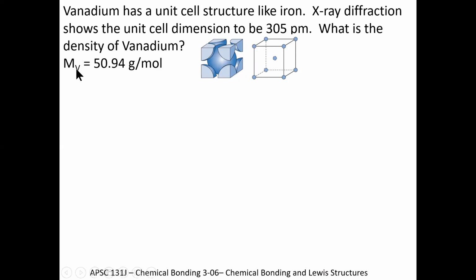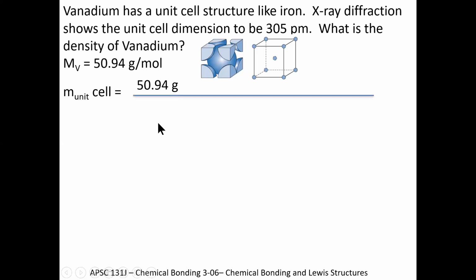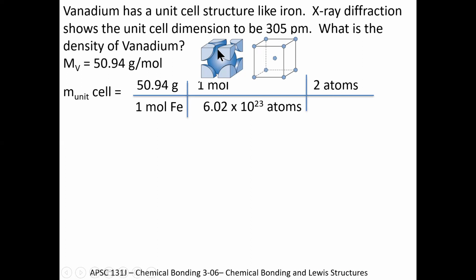So we know the molar mass of vanadium is 50.94 grams per mole. So the mass of a unit cell is 50.94 grams for every mole. 1 mole is 6.02 times 10 to the 23 atoms. And of course, we know there are 2 atoms in this unit cell.